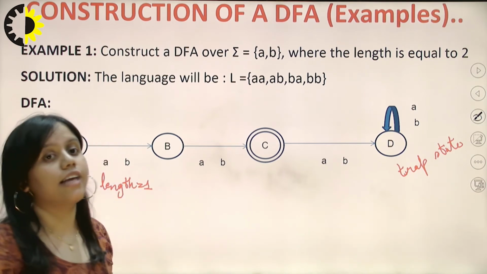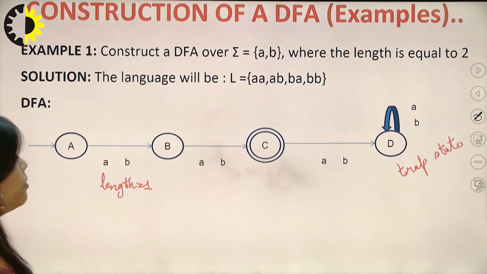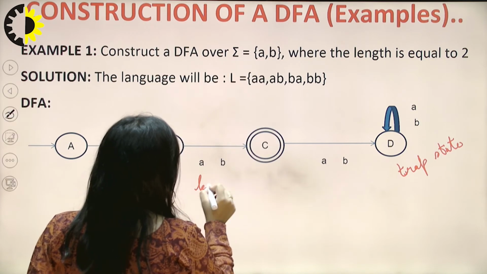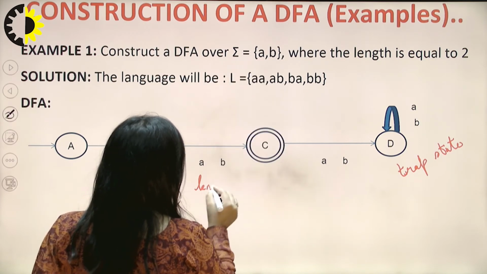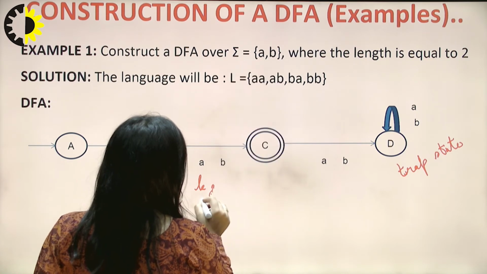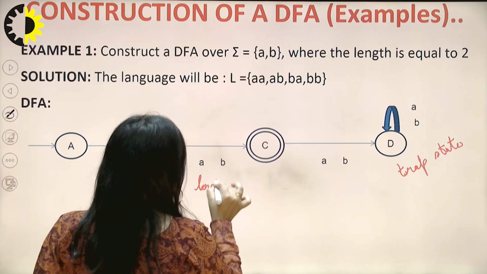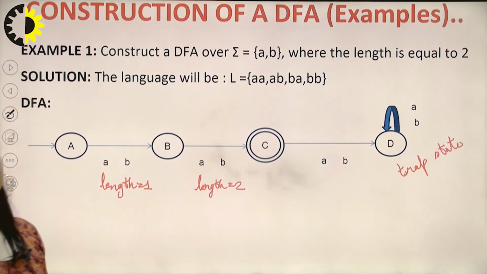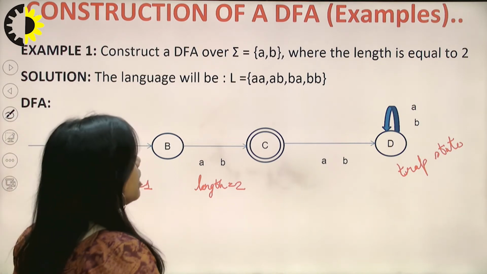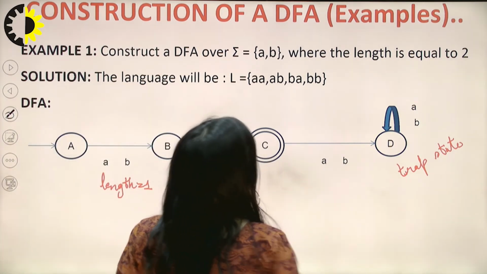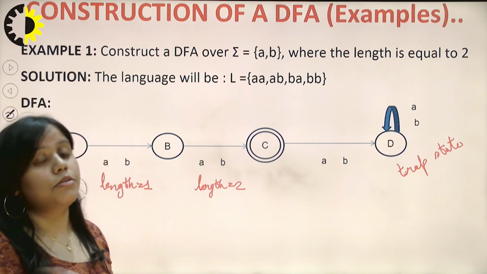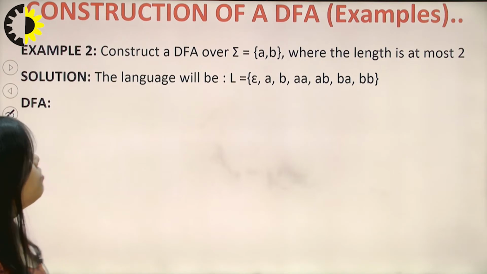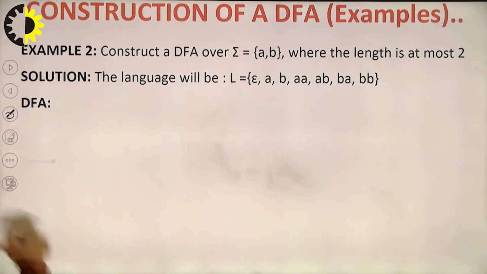Then if B takes A as input or B as input, the length becomes 2, and hence we reach the final state, that is C. Furthermore, in case we get more inputs, the machine goes into the trap state.